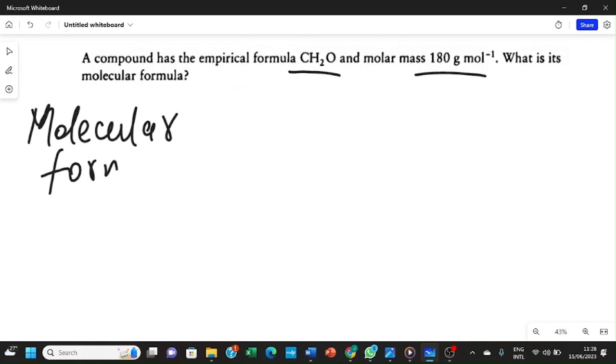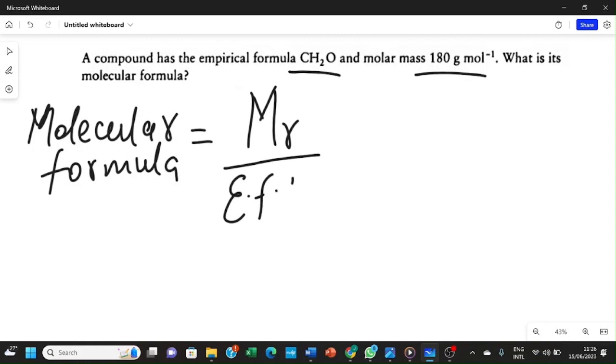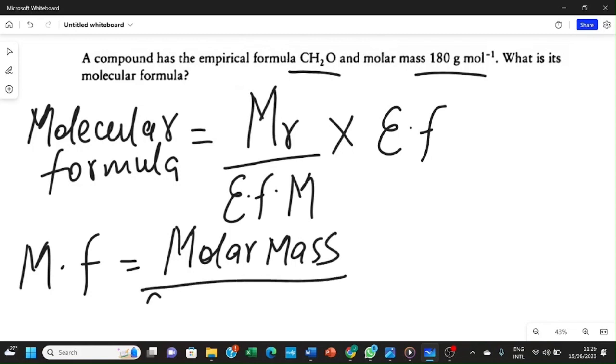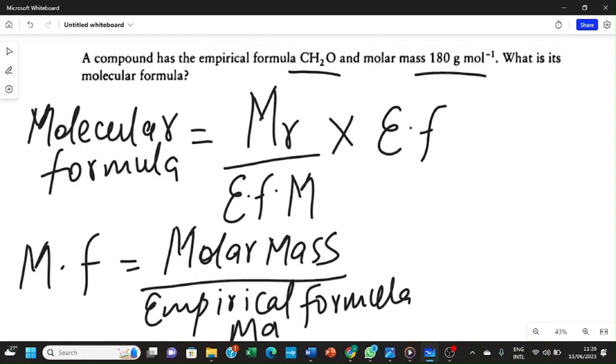Molecular formula is equal to the molar mass over the empirical formula mass, multiplied by the empirical formula.